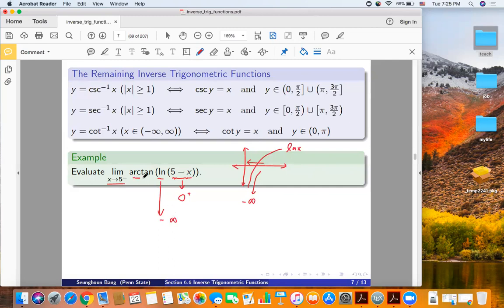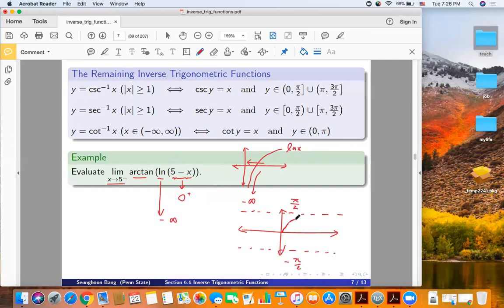What is arctangent? You draw the graph of arctangent. The graph of arctangent is like this. One horizontal asymptote is pi over 2, another one is negative pi over 2. Here, the inside approaches negative infinity.